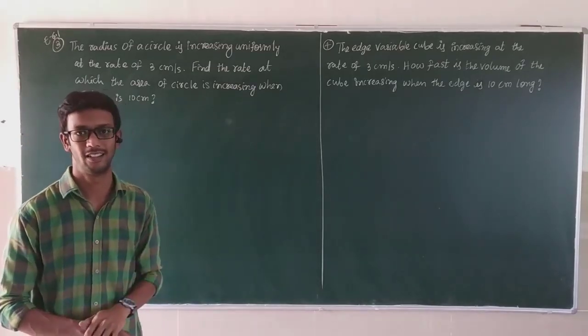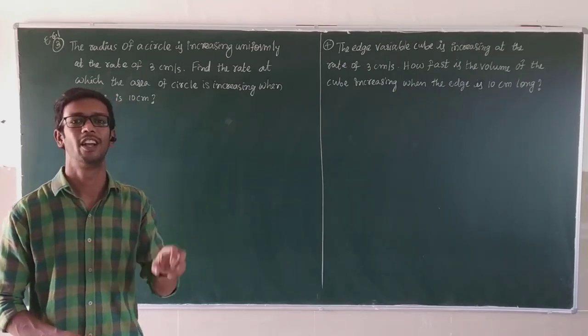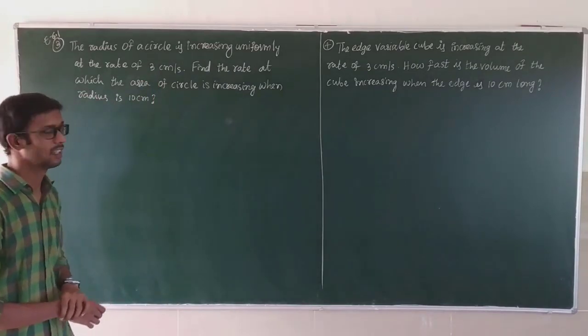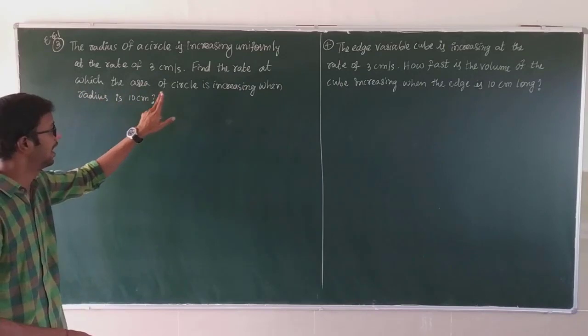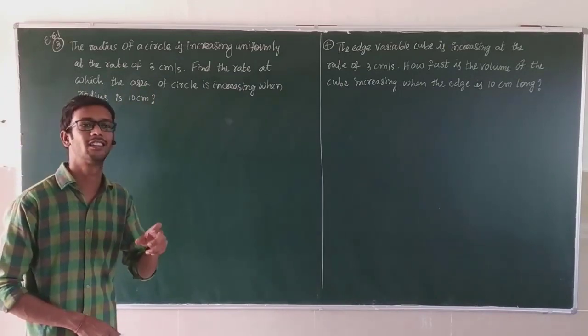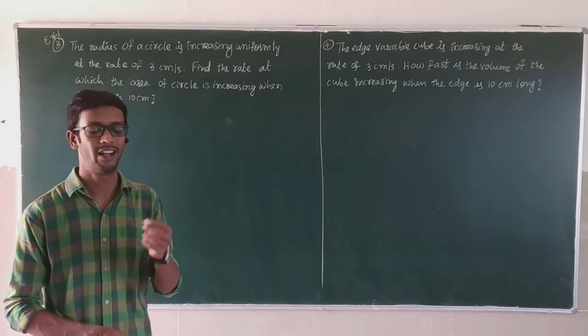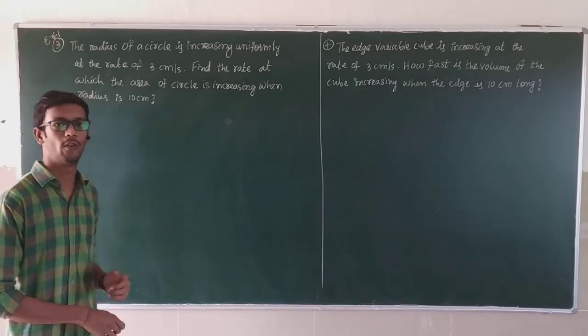So the rate of change of radius with respect to time is 3 centimeter per second. Find the rate at which the area of the circle is increasing. We have to find the rate of change of the area of the circle.